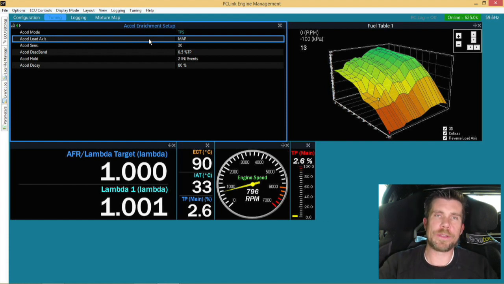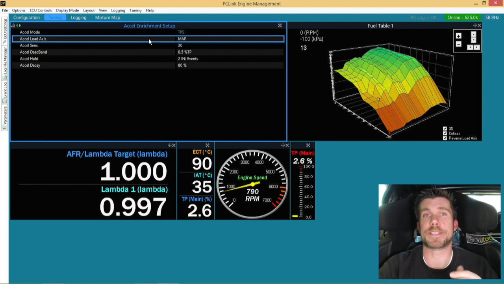So when we're talking about our acceleration enrichment, there's a few different parameters that are going to affect the amount of acceleration enrichment our engine wants to see. One of them is our engine coolant temperature. One of them is the engine RPM, and we've got axes to deal with those.